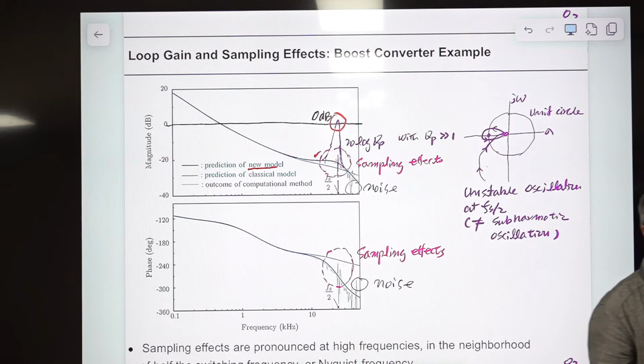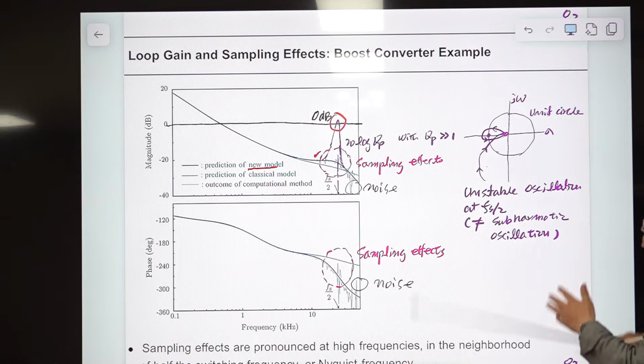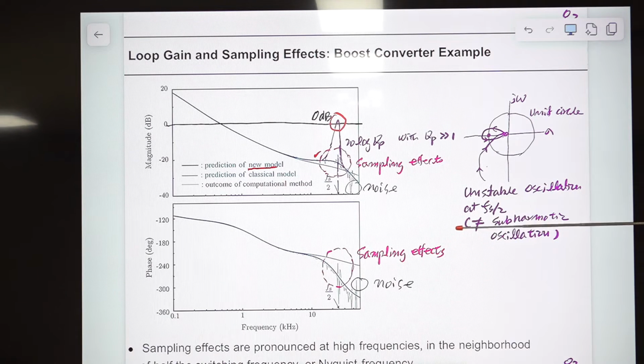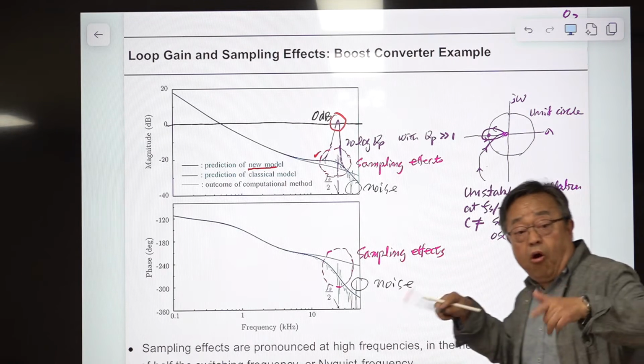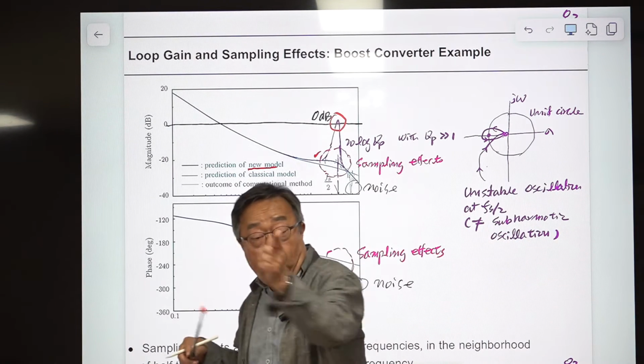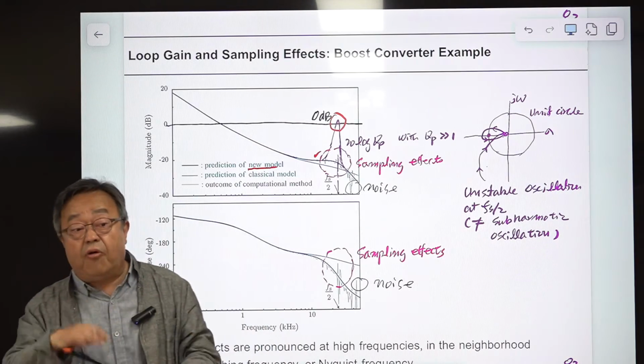That was the subharmonic oscillation. That occurred for pure current mode control without an external ramp. When the duty ratio exceeds 0.5, the oscillation occurs. We call that oscillation subharmonic oscillation, but this oscillation is entirely different from that oscillation. That is the problem of the current mode, of the current loop itself, without any feedback.